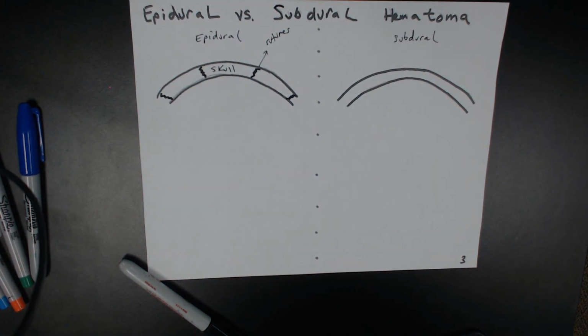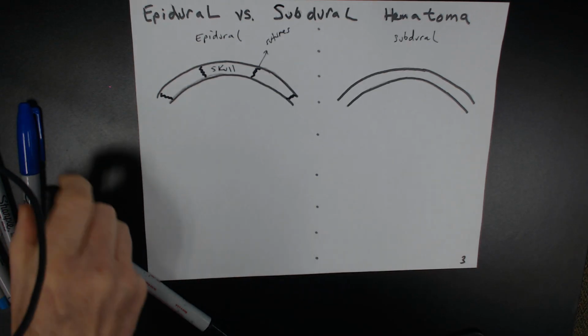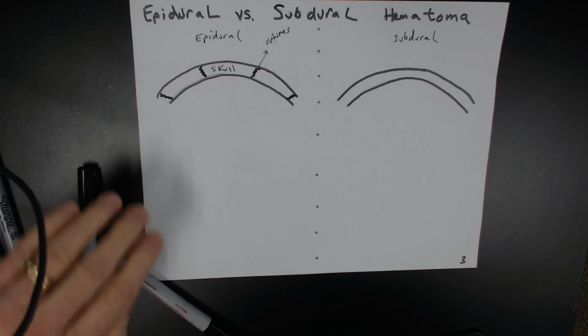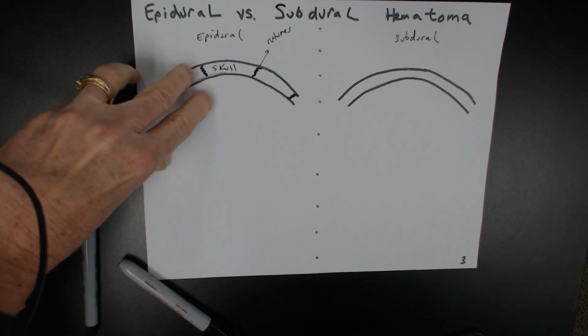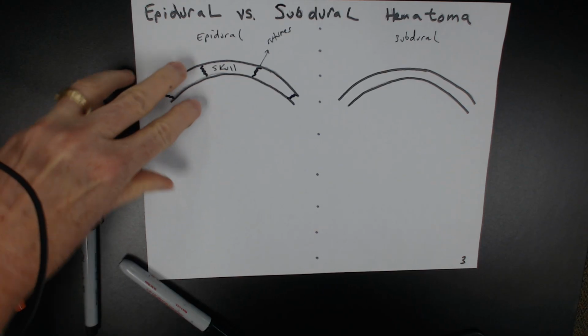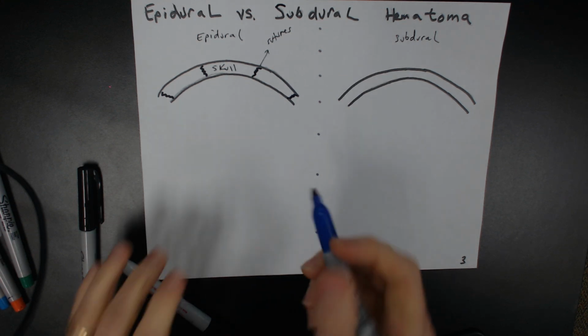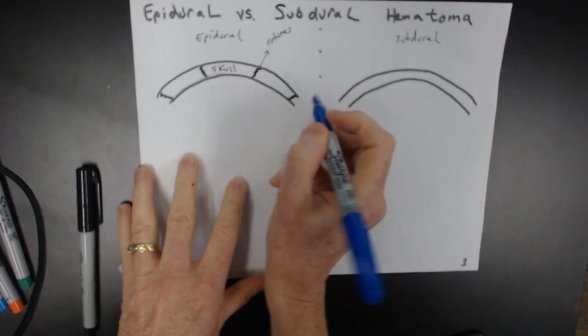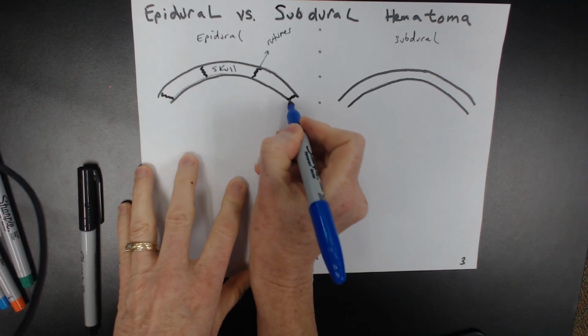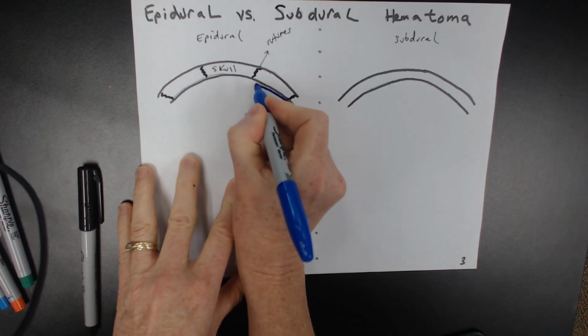And all I'm going to do from here is put in my layers of meninges, and I'm going to represent the epidural hematoma on the far left side. You'll see what I mean in a minute. So the first layer of dura that's tightly adhered to the skull, specifically the sutures, what was that called? That's your periosteal dura. So periosteal dura is going to be here, tightly adhered to the skull and the sutures.